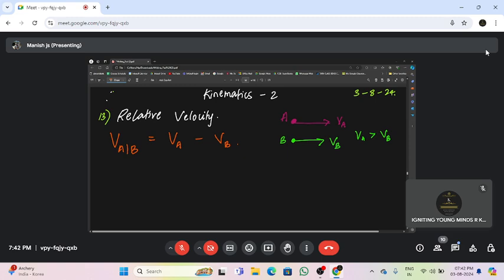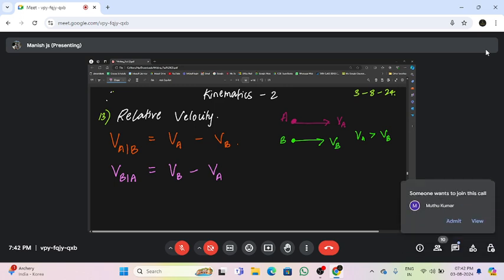Similarly, you can find the relative velocity of B with respect to A. You write it as VBA, and this is VB minus VA. Simple. This is how you express the relative velocity of one object with respect to the other.